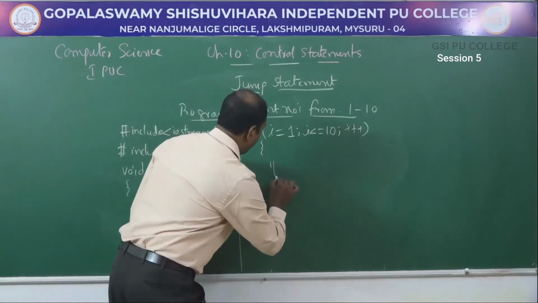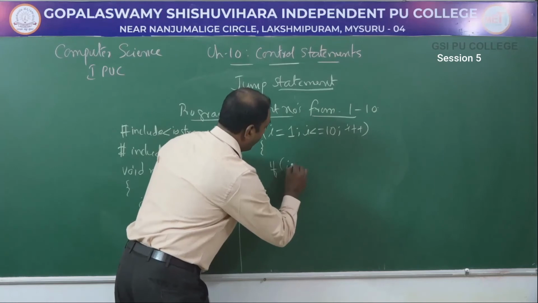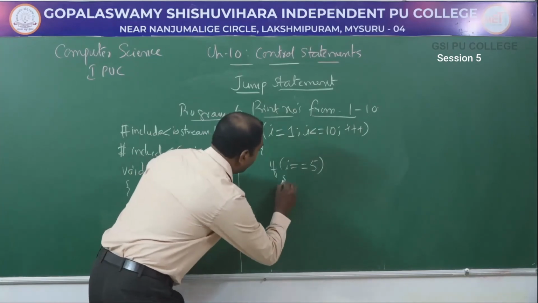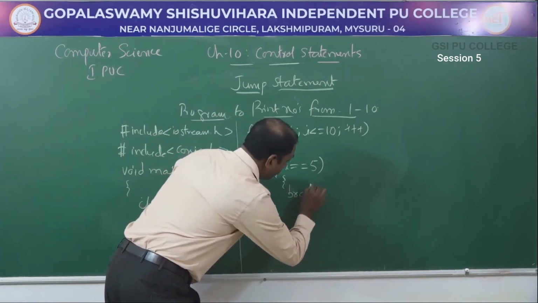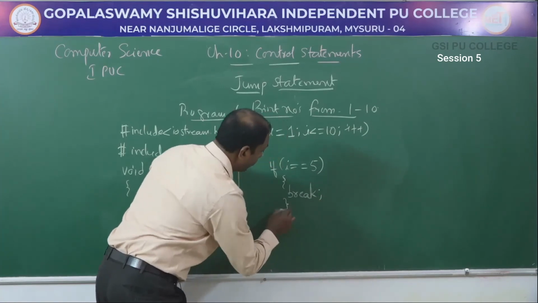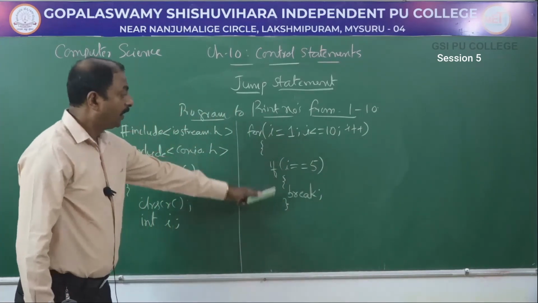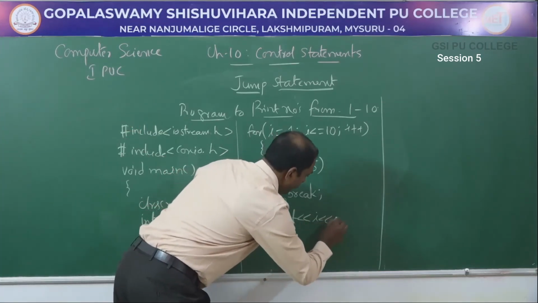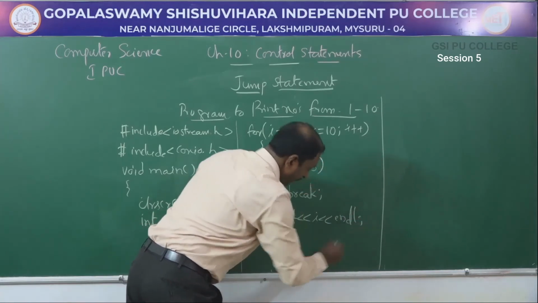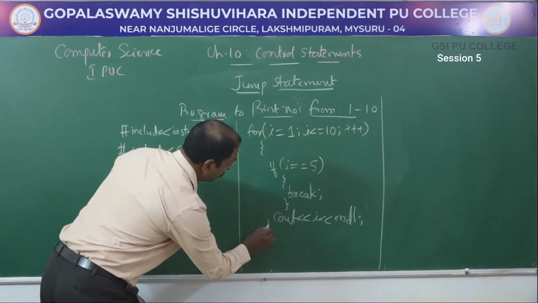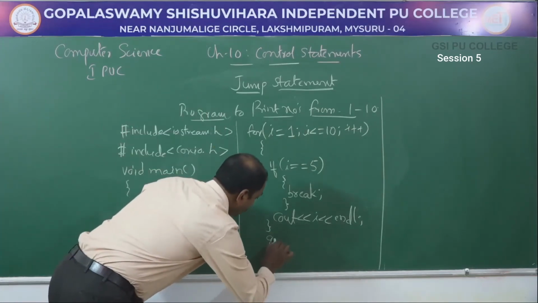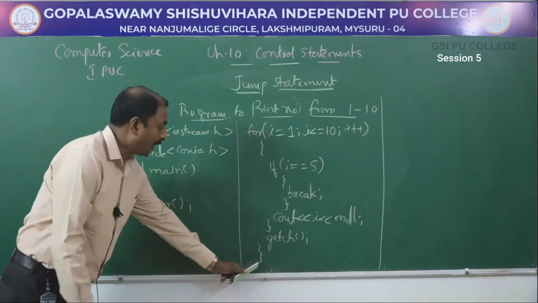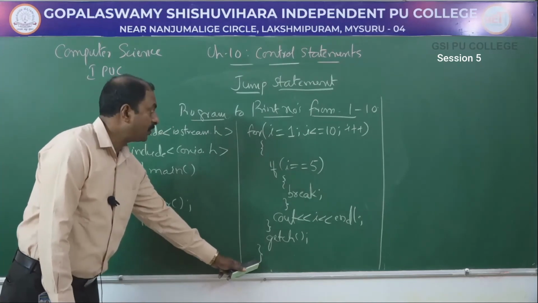First I say if i is equal to 5, then I make use of the break statement, to stop executing the loop here. Then we say cout i endl semicolon, then close this for loop, then close the program with the getch function and the closing bracket. This closes void main.